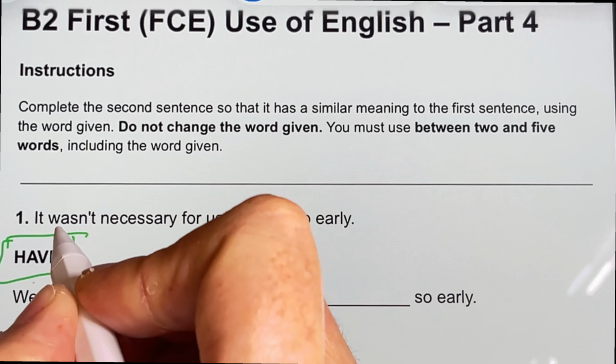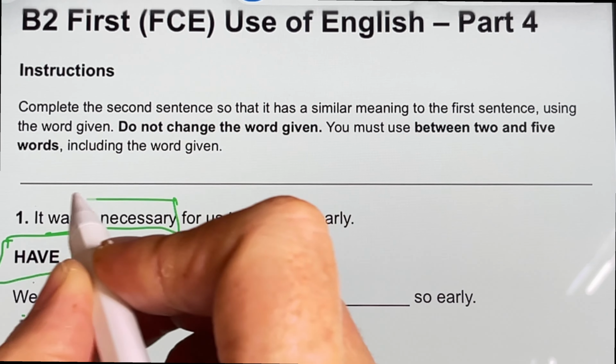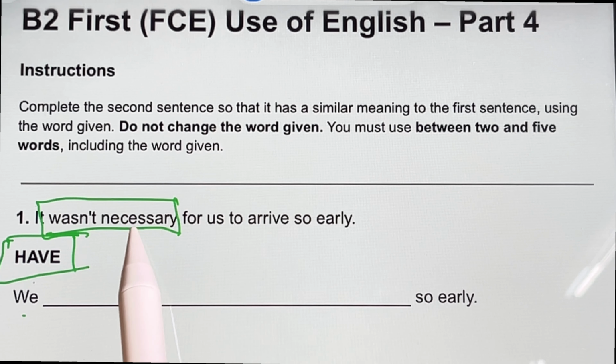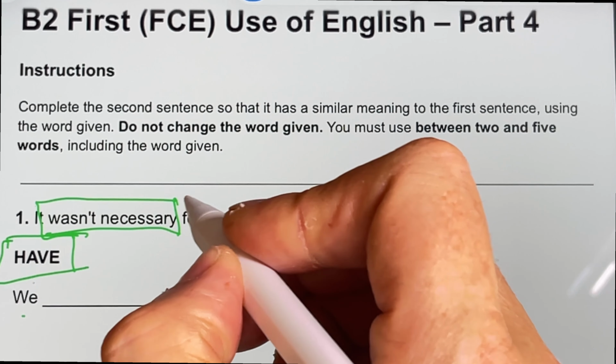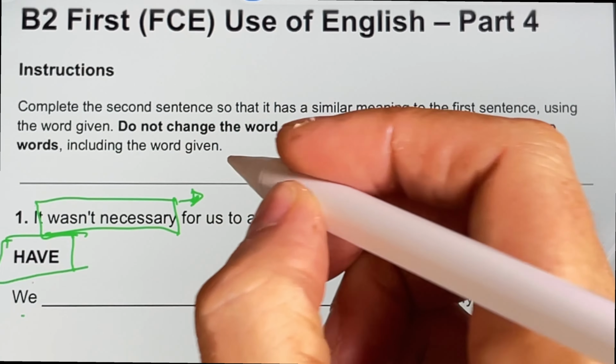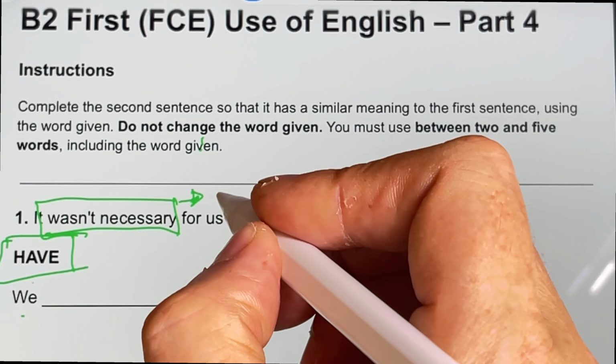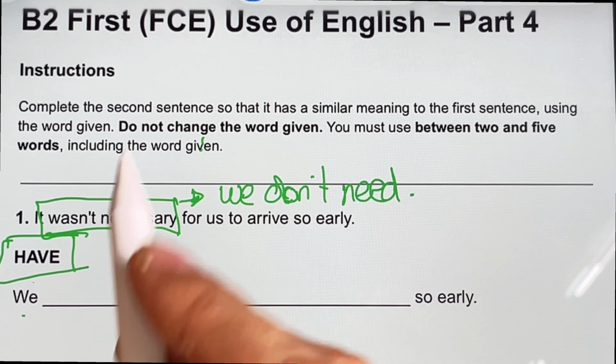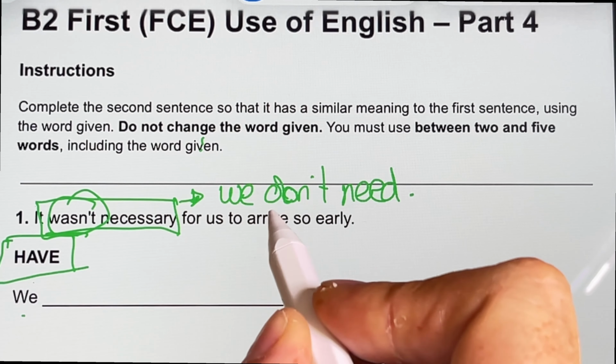The clue is wasn't necessary. It was not necessary. So if it's not necessary, I know that what I'm looking for is we don't need. Okay, so I know that it was not. So it's in the past, not in the present.